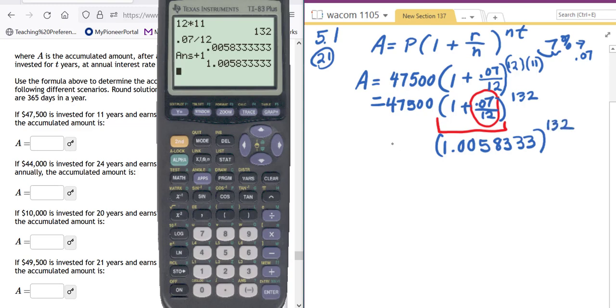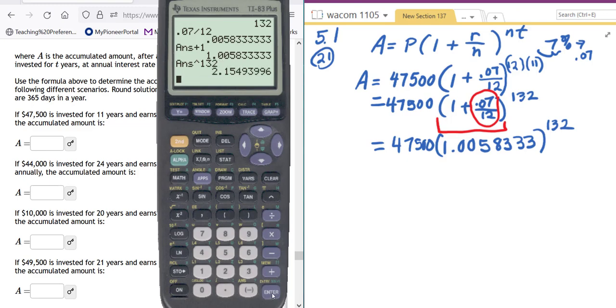The next thing you would need to do for order of operations is you would need to do the exponent. This multiplication needs to be last. All right, so this answer I'm going to raise to the 132. Now, I had already multiplied that out. Now I have the answer to this. I'm not going to take it out of there. I'm going to go ahead now and multiply by 2.